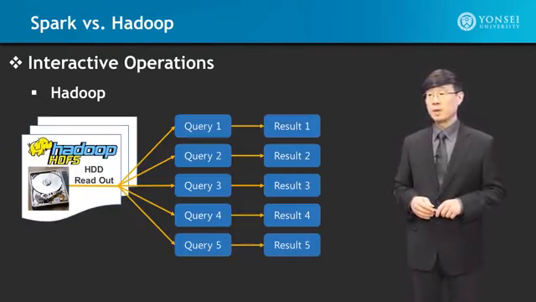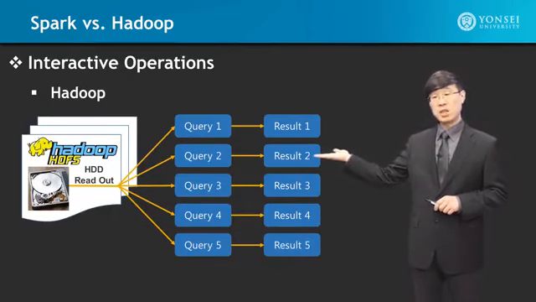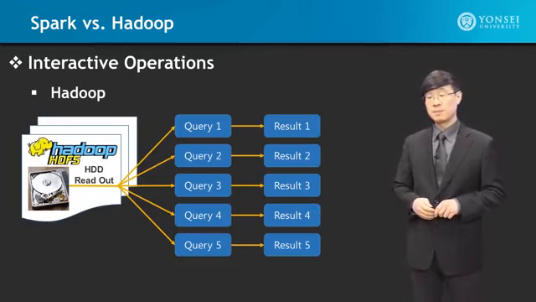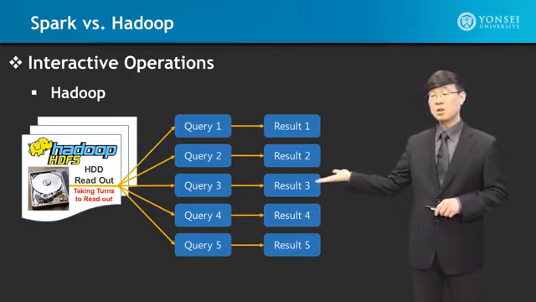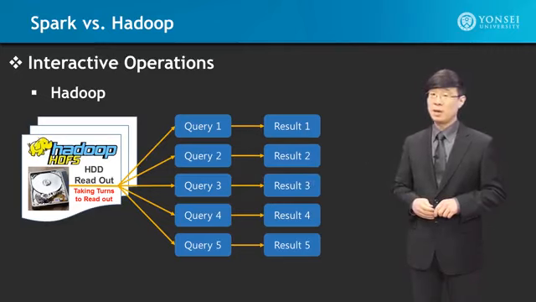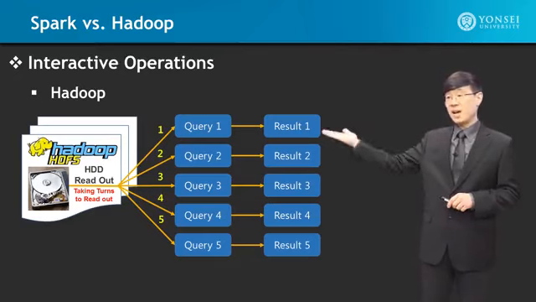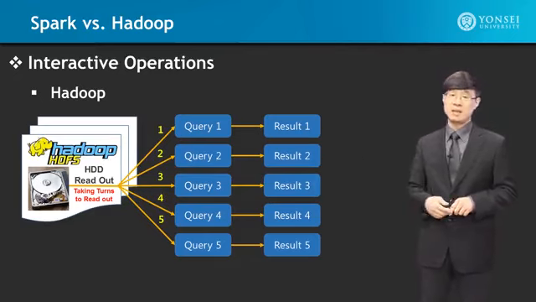For example, looking at Hadoop HDFS with all these 5 queries that we need to process, taking turns in the readout could be very, very tedious: 1, 2, 3, 4, 5, to satisfy these 5 queries and to obtain these 5 results.